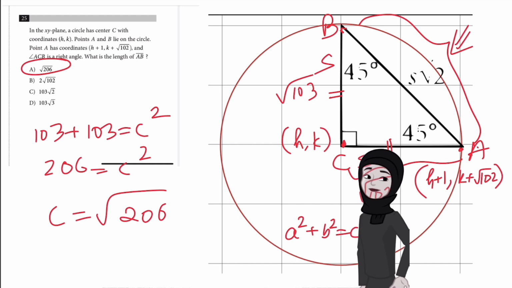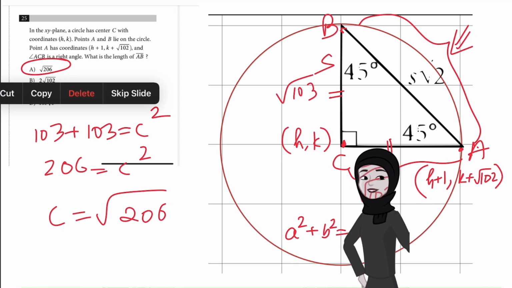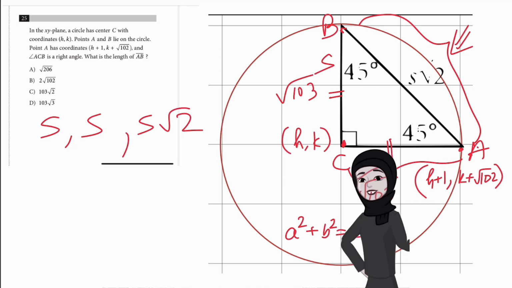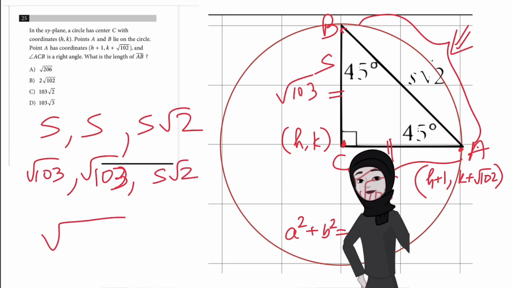So in case you want to apply the special right triangles formula directly, that also we can do. So S root 2. For a 45, 45, 90 right triangle, this is actually given even in the reference section, as you know. So we know that square root of 103, square root of 103 is the S and S. That means S square root of 2.